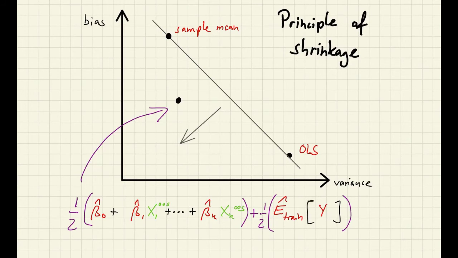Here we have looked at an example where we combine two predictions by taking 1/2 of each prediction. Instead, we could have, of course, combined them in other ways. So for example, we could have taken alpha times the all-S prediction, where alpha is a number between 0 and 1, and then 1 minus alpha times the sample mean prediction.